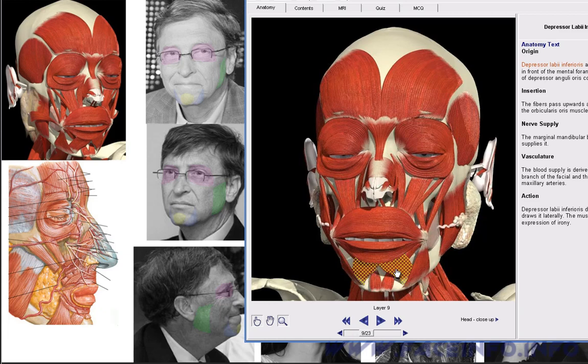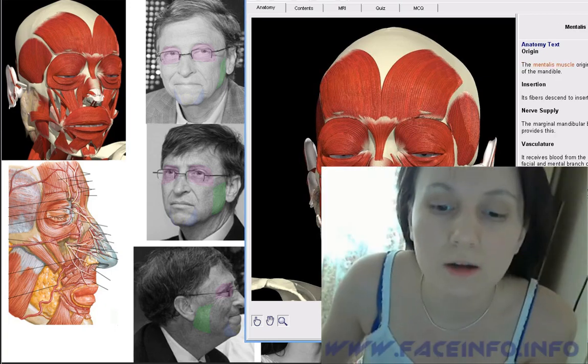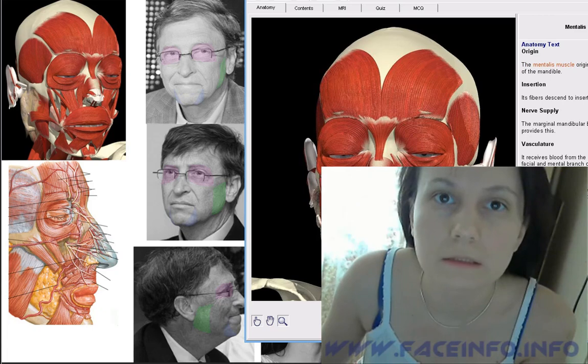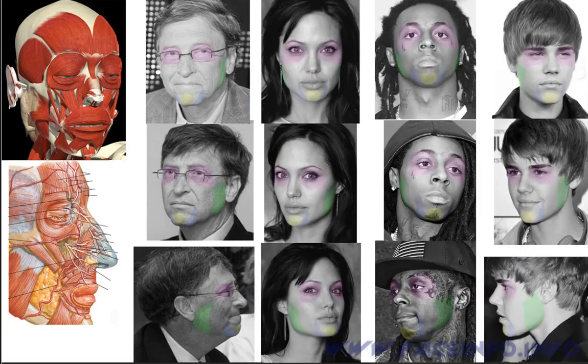Lowers the lower lip, yes, and I show how it works. And it's located in between.